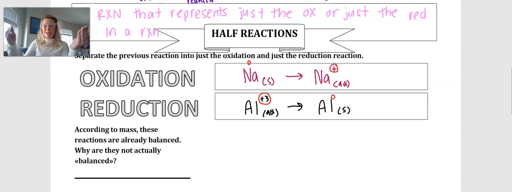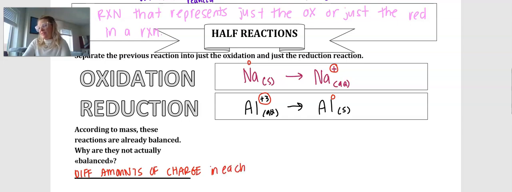So we actually have an imbalance of charge, being a +1 versus a +3 in these different reactions. So according to mass, these are balanced, but they're not actually, because we have different amounts of charge in each half reaction.